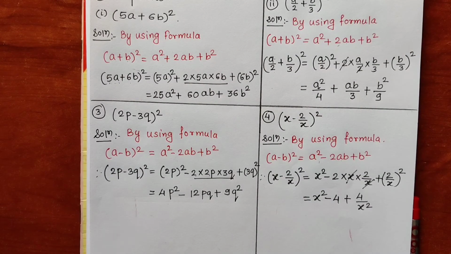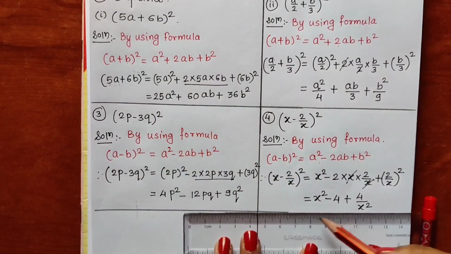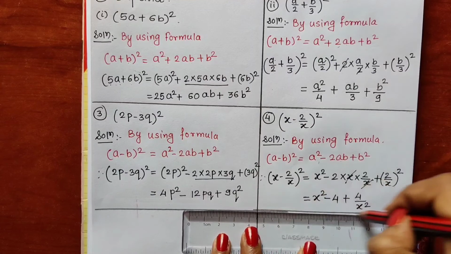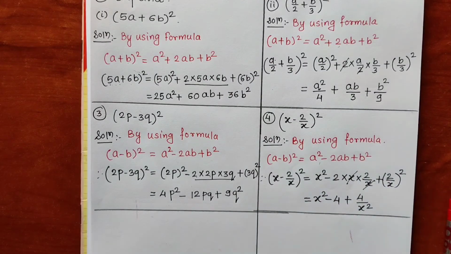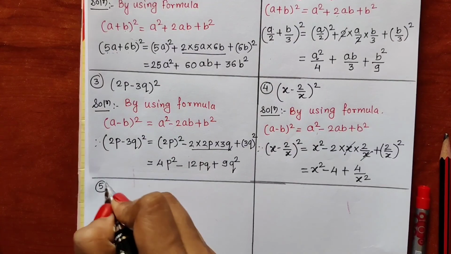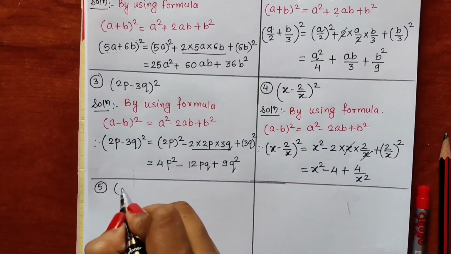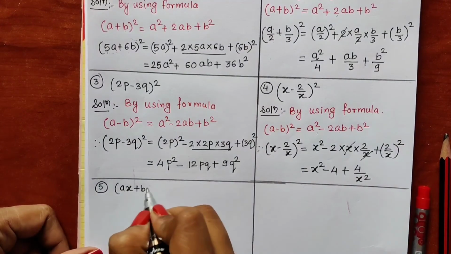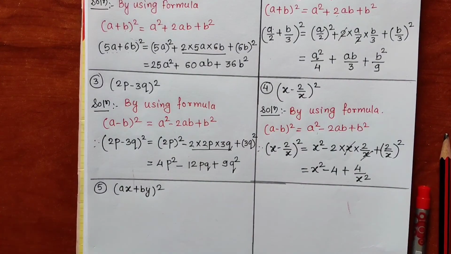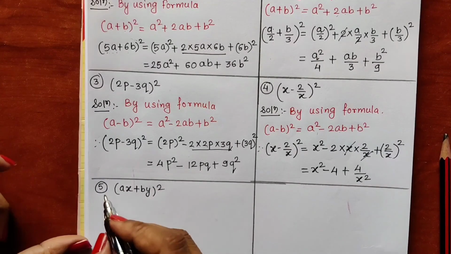Now next sums. Fifth sum is (ax plus by) whole square. Again plus sign is there, so we will be using the formula of (a plus b) whole square.